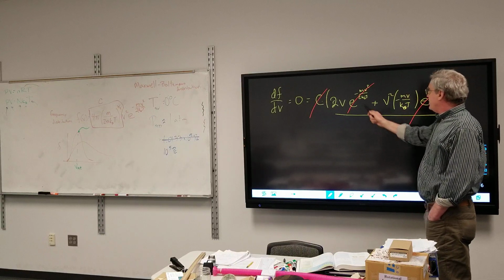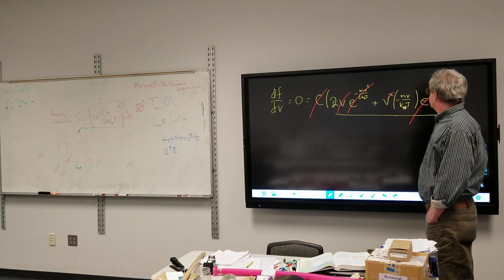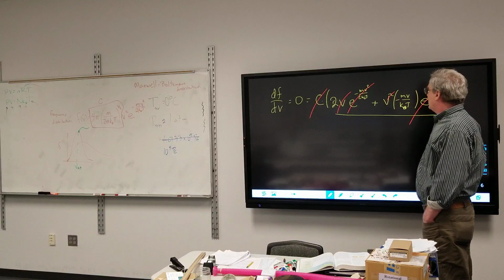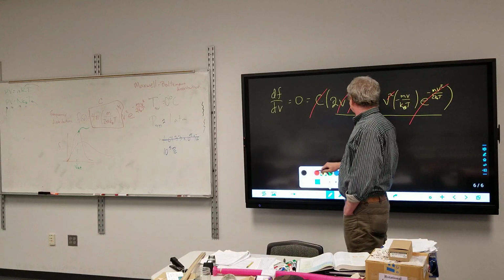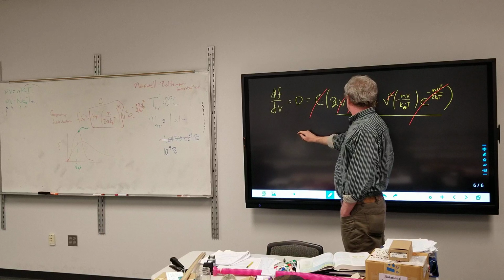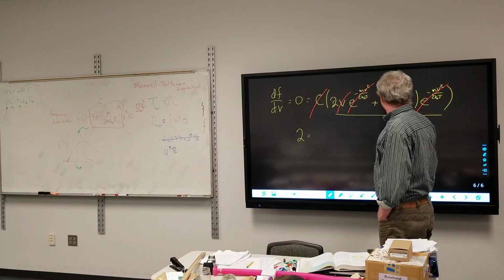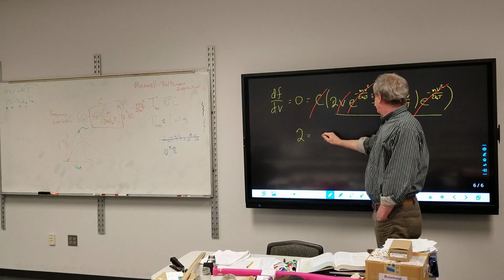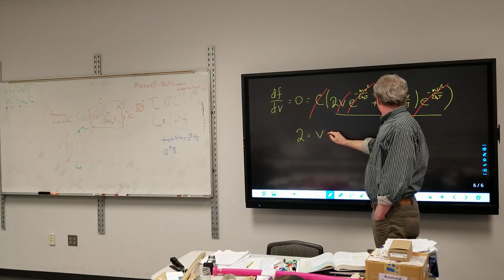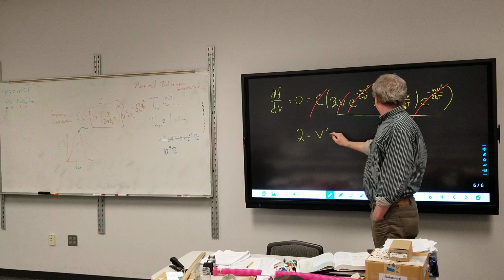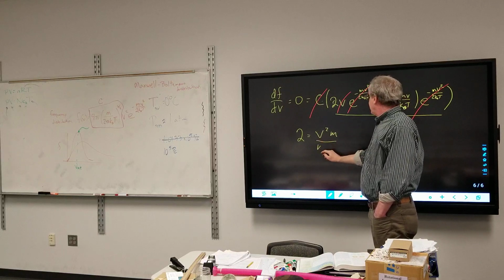And I can get rid of the v. So what I am left with is 2 equals, since that's negative, take it over to the other side, v squared m over k_BT.